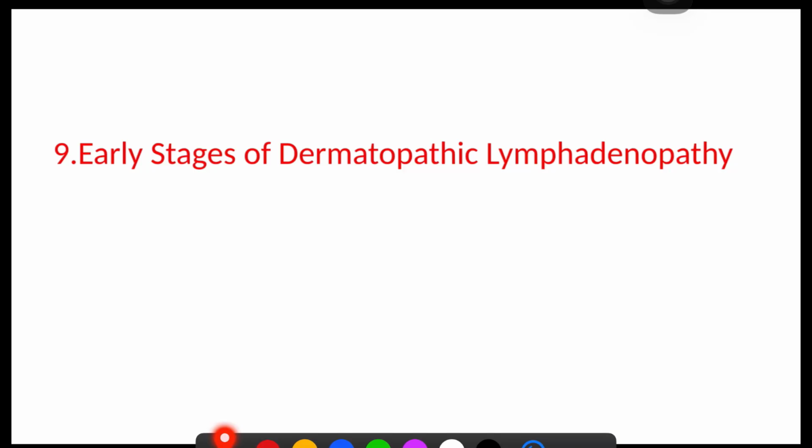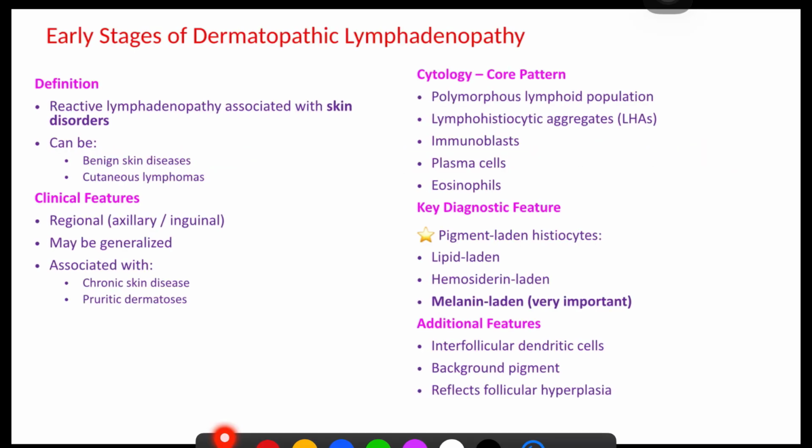Now, early stages of dermatopathic lymphadenopathy. By definition, this is reactive lymphadenopathy associated with skin disorders, seen in benign skin disease as well as cutaneous lymphomas. The most commonly affected lymph node groups are axillary and inguinal, but it may be generalized, associated with chronic skin disease and pruritic dermatosis.